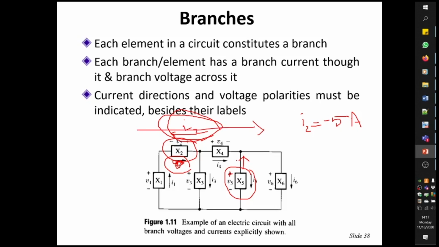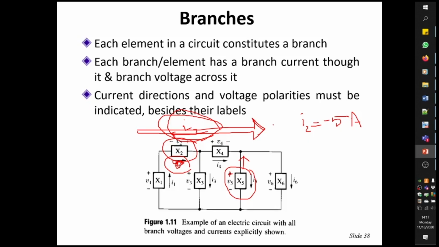But that still does not violate my labeling. It doesn't mean my labeling is wrong. If you talk about this big arrow that I have created here, this is 5 amperes flowing in the right direction, but I2, as I have labeled it, is minus 5 amperes, which is fine. If 5 amperes is flowing in the right direction, then minus 5 amperes is flowing in the left direction.